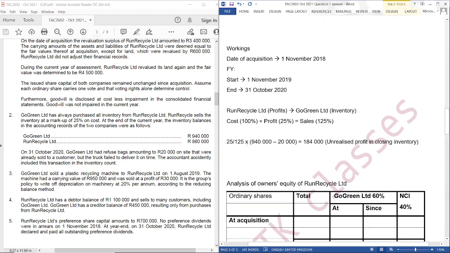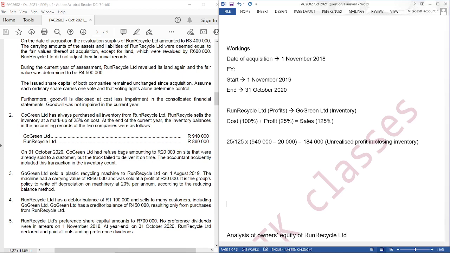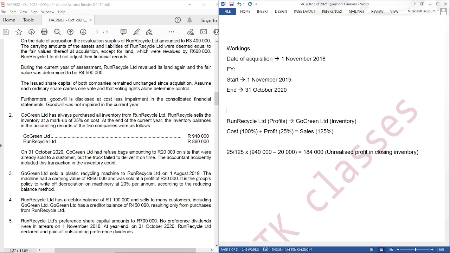We need to write something down. So this was about unrealized profit in closing inventory.